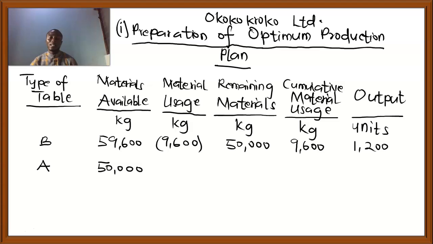Then we subtract the materials we are going to use for producing A. When we refer back to our material determination schedule, we have a material usage of 15,000 in respect of table A. So when you subtract 15,000 from 50,000, we get 35,000 as the remaining materials. The cumulative materials used is the 9,600 added to 15,000, which gives us 24,600.